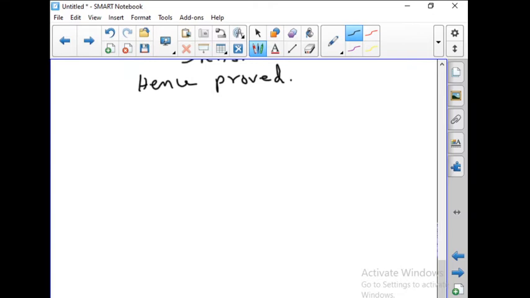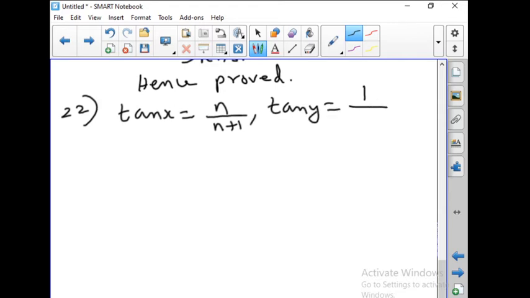Next, we'll go to question number 22. If tan x is equal to n by n + 1, tan y is equal to 1 by 2n + 1, find tan(x + y).